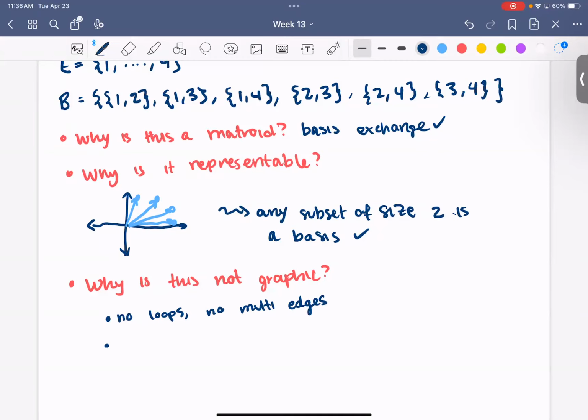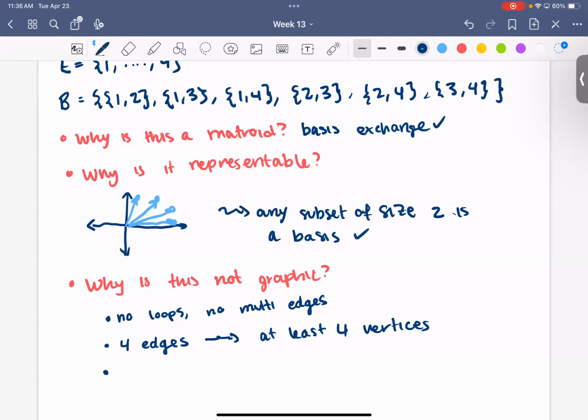And so that means that we need at least 4 vertices in order to get 4 edges, right? Because if you had 3 vertices, then there are only 3 possible edges that avoid multi-edges or loops. So we have to have at least 4 vertices.